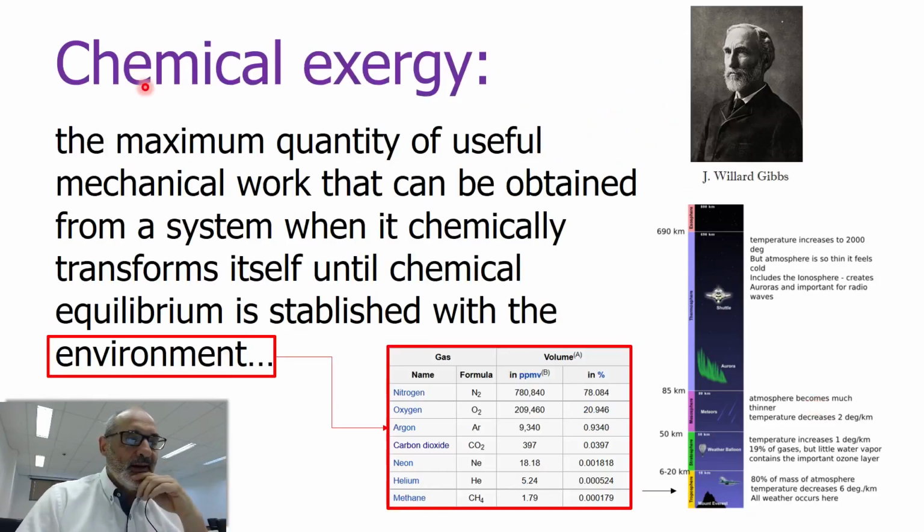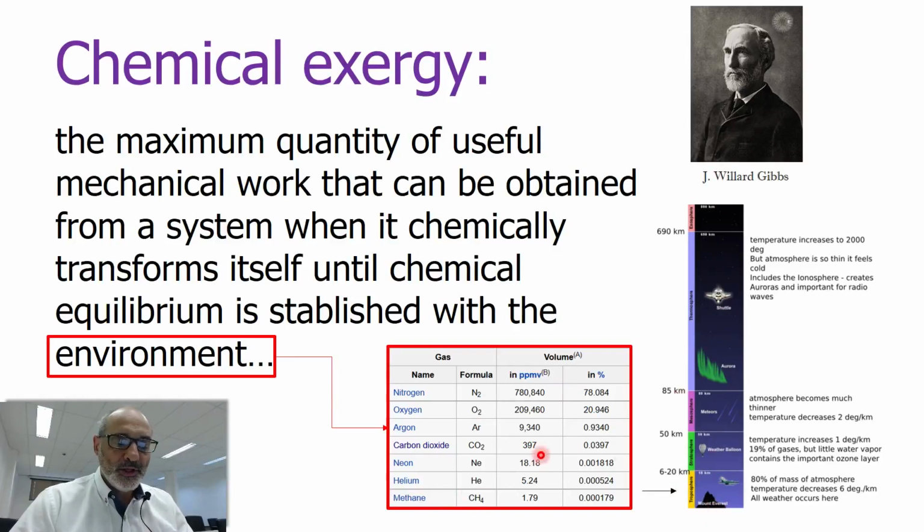Let's see this. If our reactions are taking place in the atmosphere, the environment may be considered to be the atmosphere. And this is its chemical composition at low altitudes. I'm stressing this because the atmosphere varies a lot along the altitude, okay?